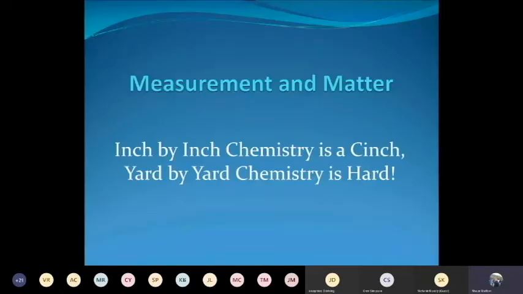All right. Now, moving into measurements and units, we're going to break this up into different segments. The first part is going to be dealing with measurements and the types of units.